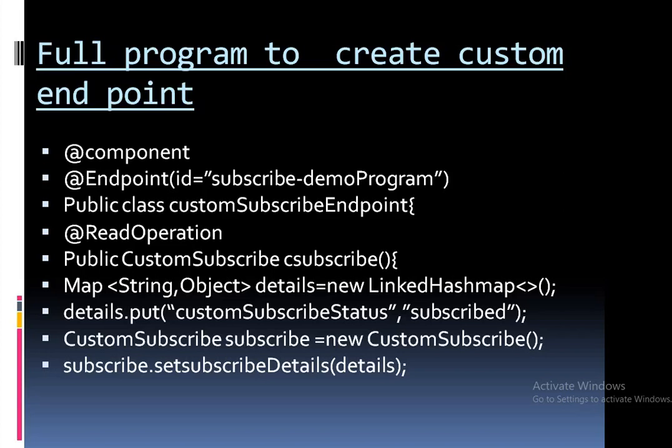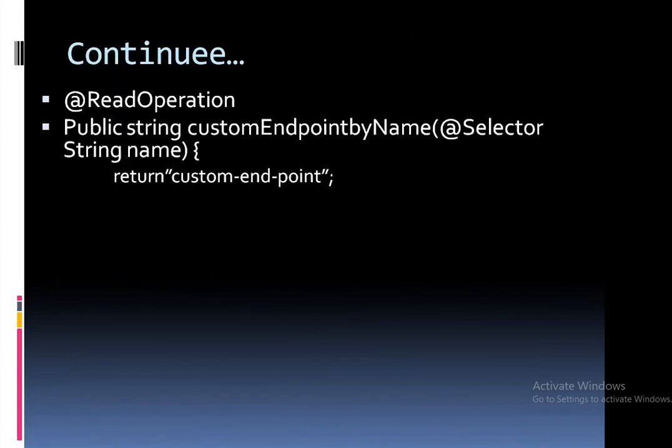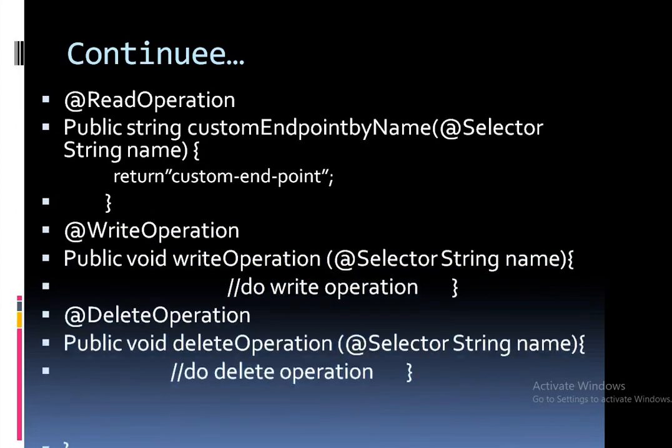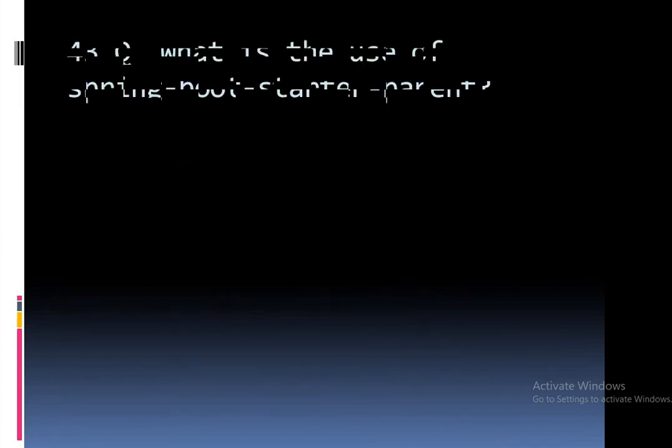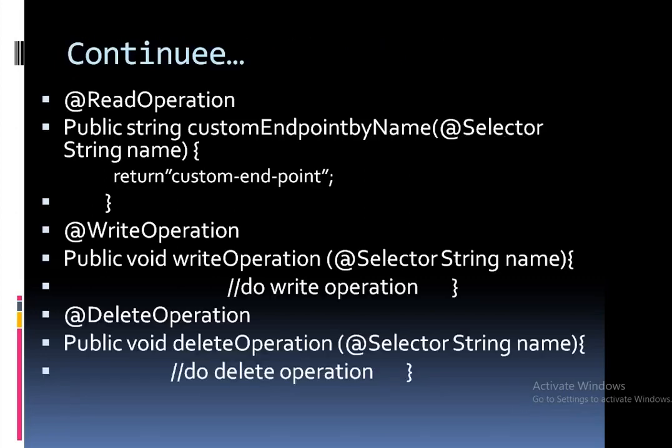We are setting the map here, and it will return the subscribe. In this way, we are also writing the read operations, write operations, and delete operations. So in this way, we can create a custom endpoint.